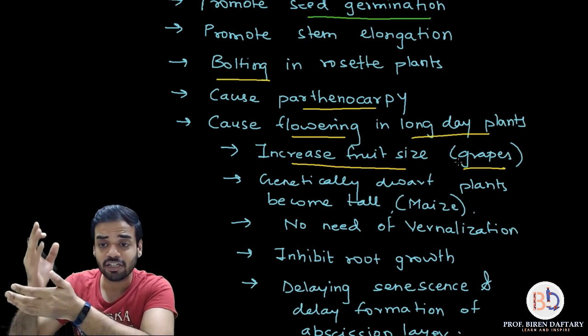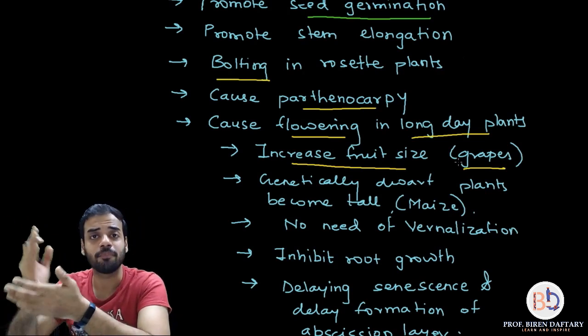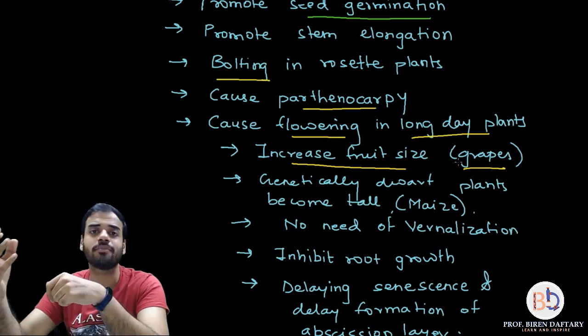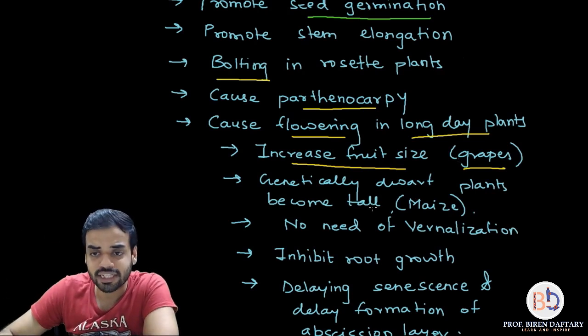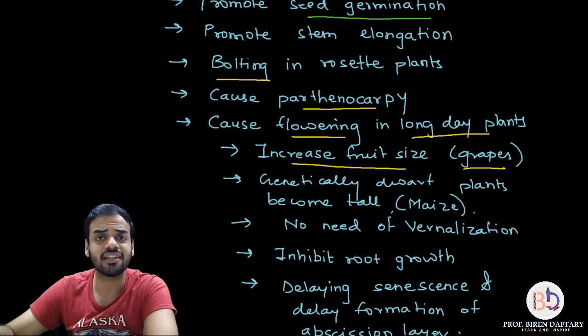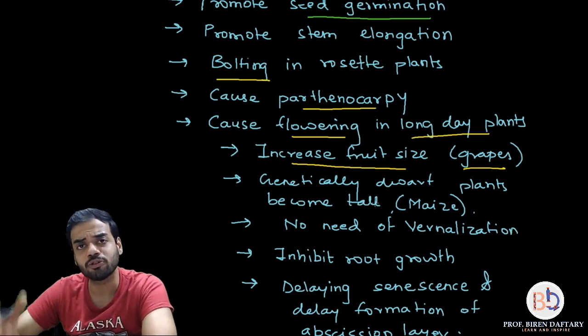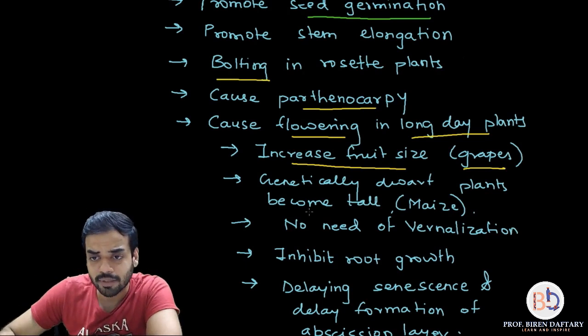The best example is maize. If you have a genetically dwarf variety of maize and you add gibberellins while it is still growing, it will become as tall as the regular tall plant. Again, it is increasing the length of the internode, so it is increasing the length of the stem. Most of the points are based on increase in height. So they become tall.